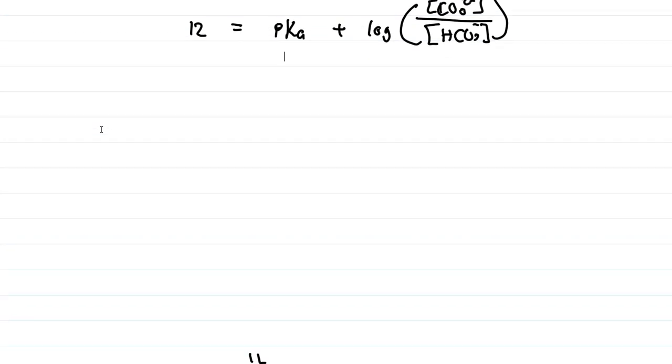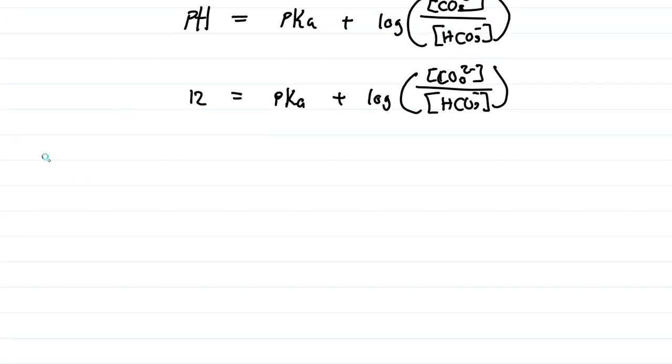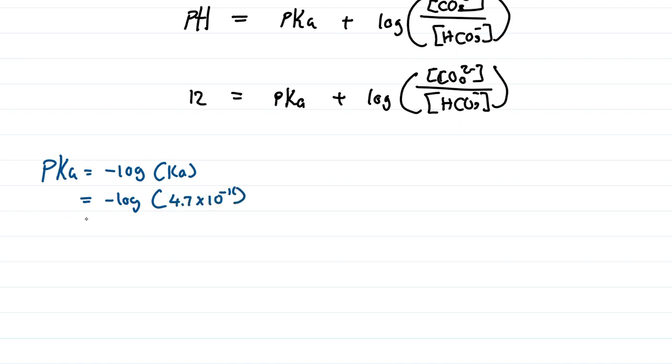So to find pKa, the pKa is equal to the negative log of Ka, which is the negative log of 4.7 times 10 to the power of negative 11, and that gives us a value of 10.33. Then we can plug it into that equation and solve for that ratio.